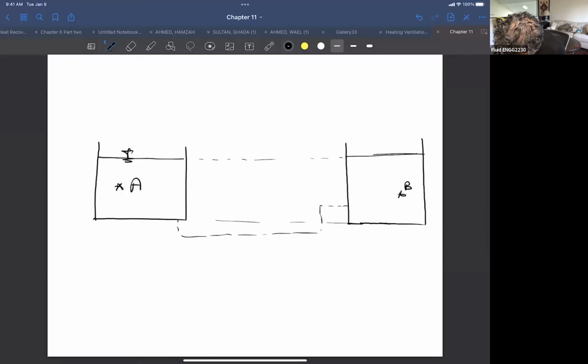Okay, let me ask you a question. Which way will the fluid move in this case between point A and point B? Assume that this is your piping line.